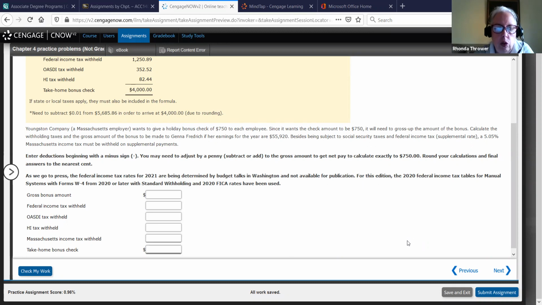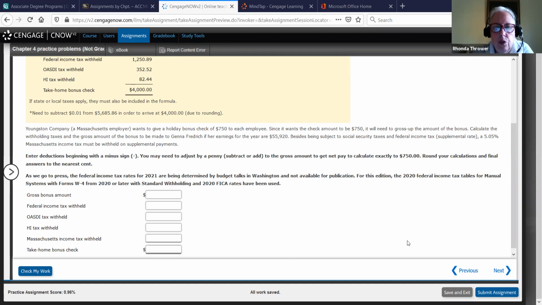You just move your decimal 2 places to the left. HI is 1.45% or 0.0145. There's a flat income tax rate on bonuses, and that flat rate is 22%. There's also a state income tax rate for Massachusetts, and that tax rate was given at 5.05%. So this is the decimal part of 5.05%.